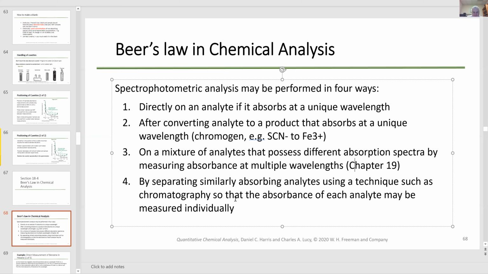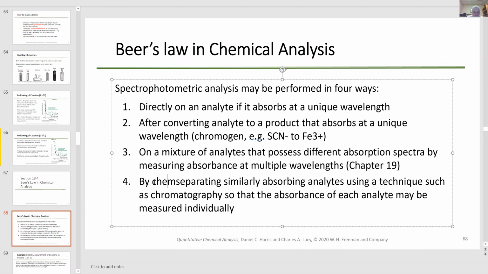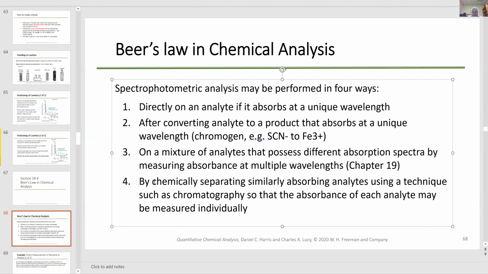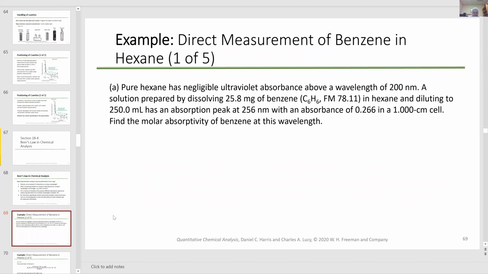And then also you can chemically separate things. You can put them on a column, separate them, and then remeasure them. That's always possible. Well, sometimes possible.